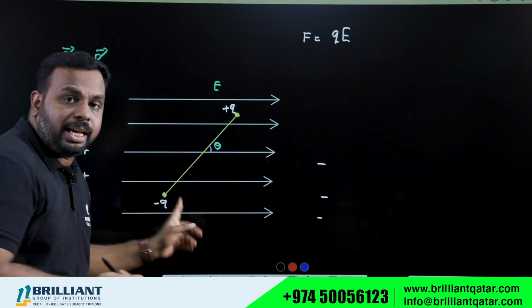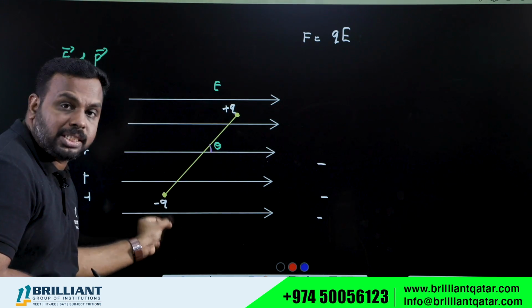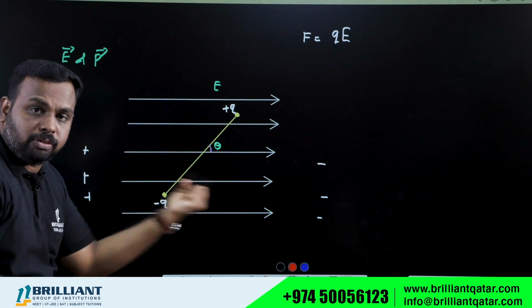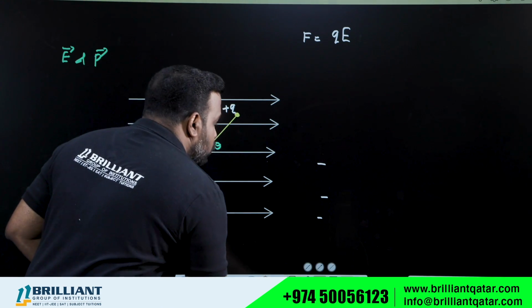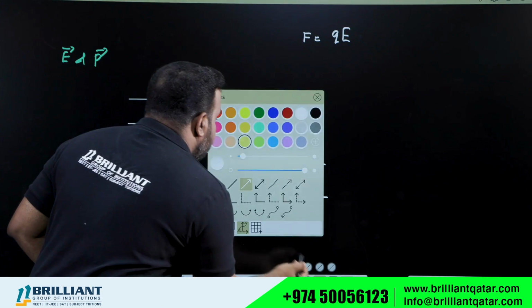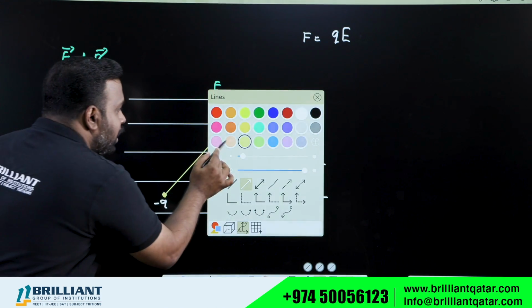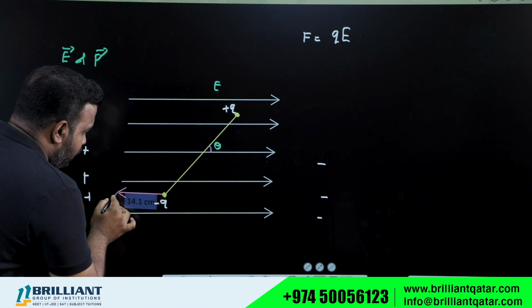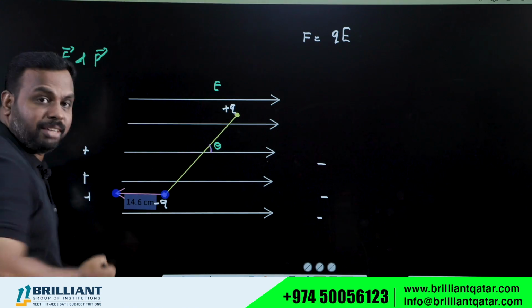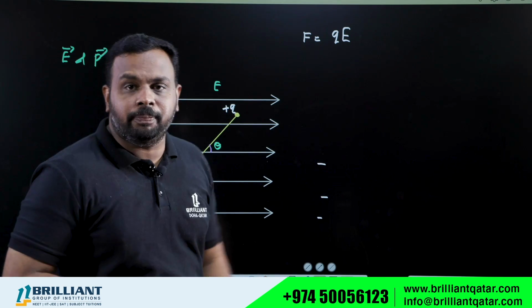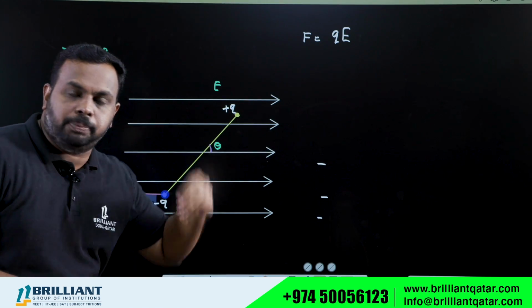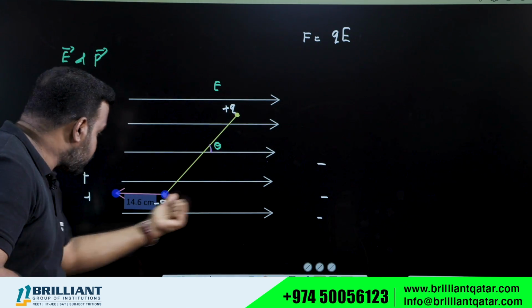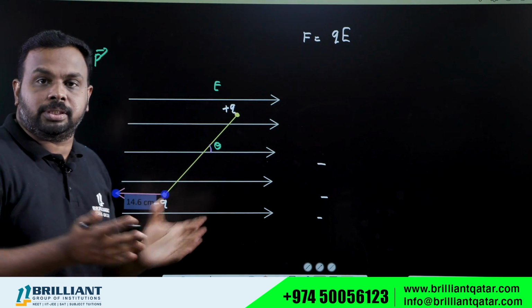So the direction of the force experienced by this minus q charge is surely towards left. So look at this. The force is acting towards left. The magnitude of the force is qE.